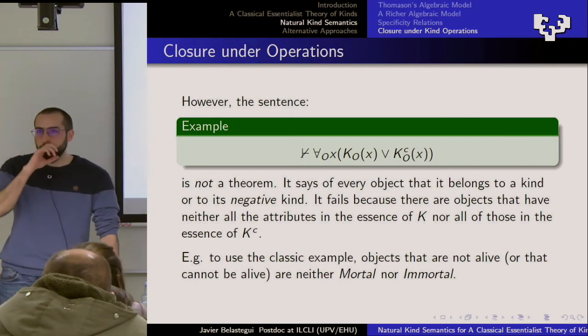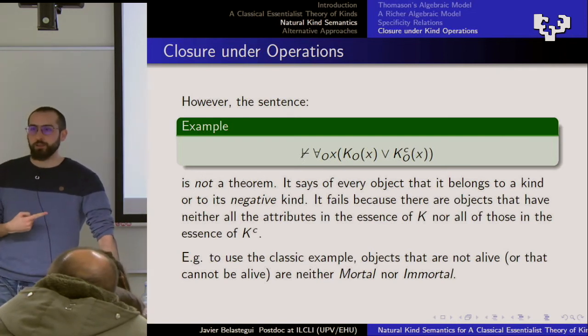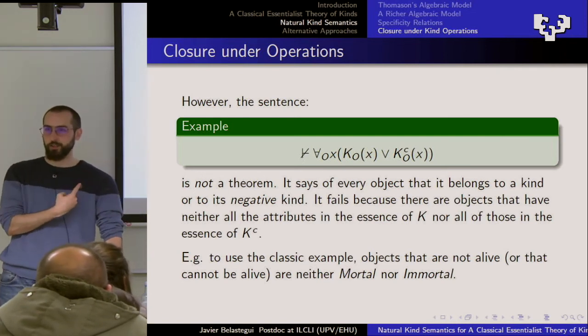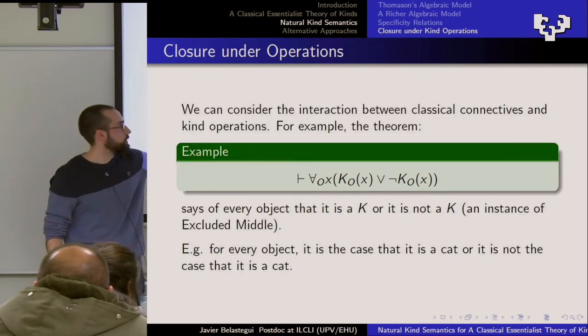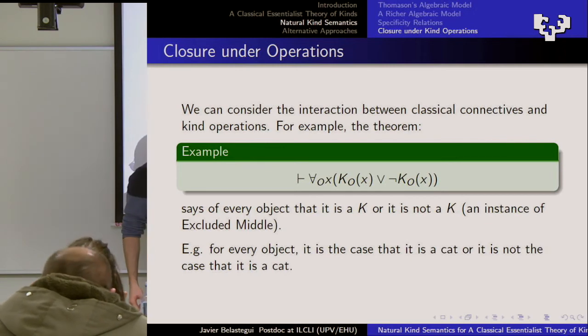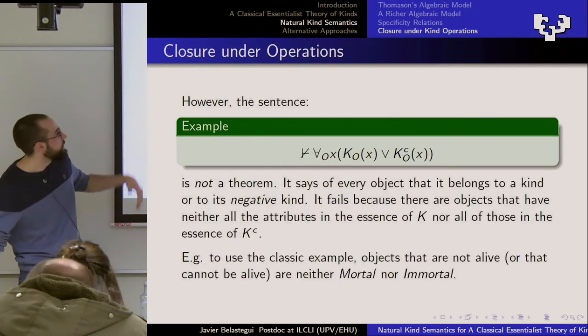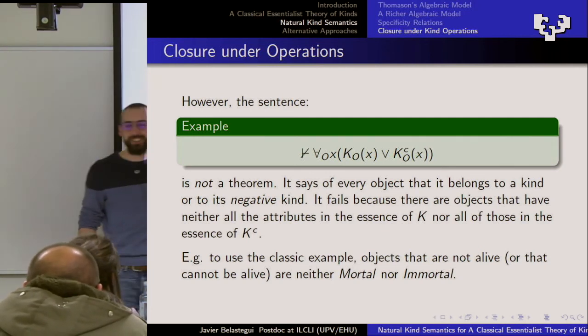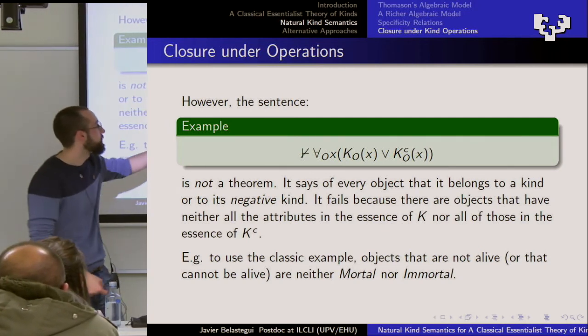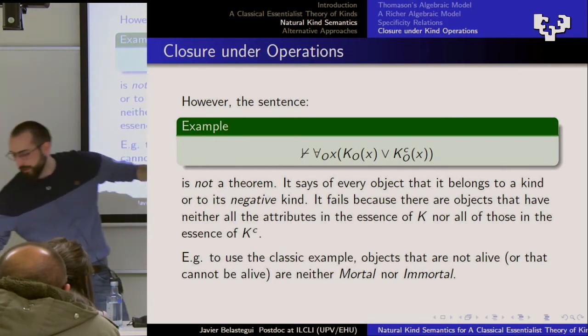The thing is that this doesn't damage classical logic. This is still classical logic. So excluded middle holds for negation, but something like excluded middle fails for negative kinds. This is because the negative kind is not defined in terms of negation.